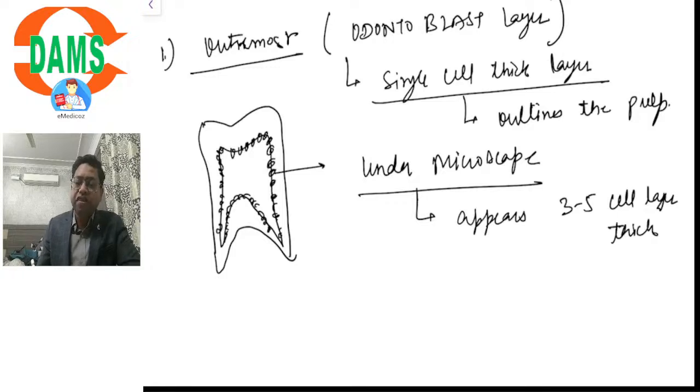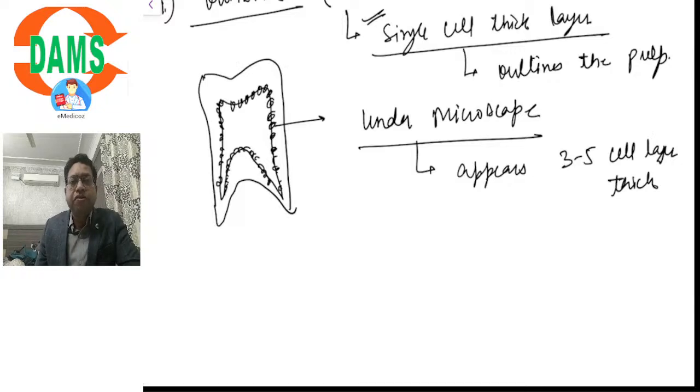In actuality, what is there? This is the real picture, that this is a single layer of cells that outlines the pulp from the crown to the root. But when we see it under the microscope, it appears 3 to 5 cell layers thick. And this microscopic appearance is called pseudo-stratified appearance.